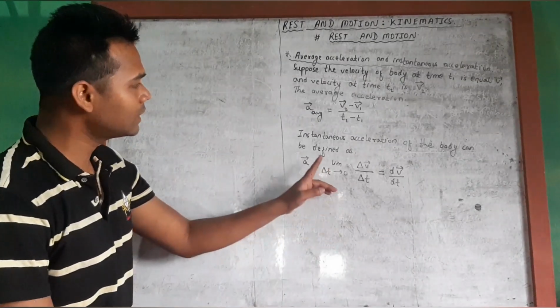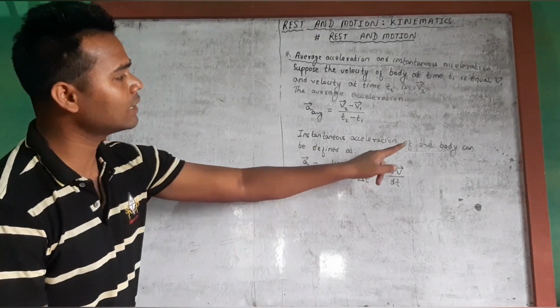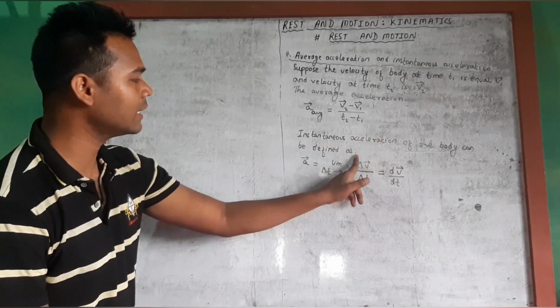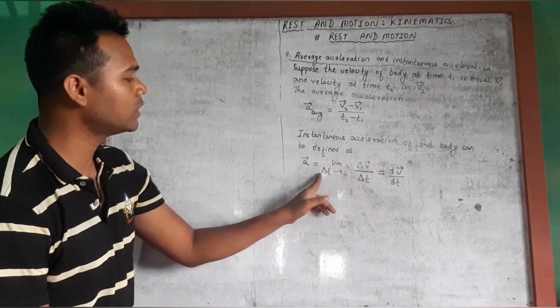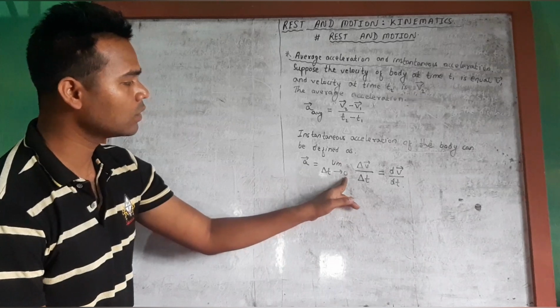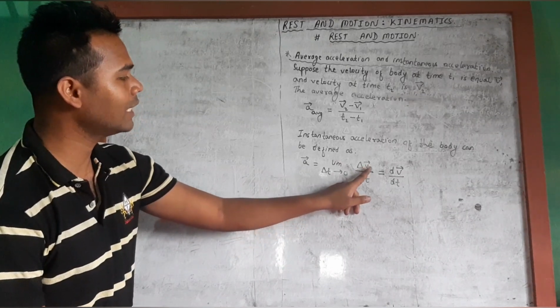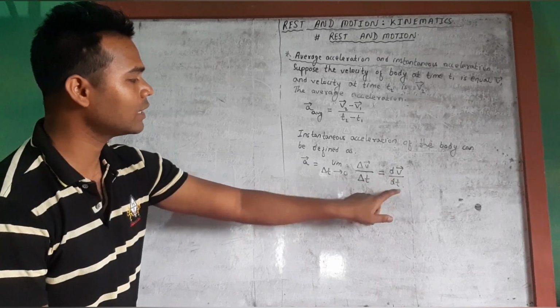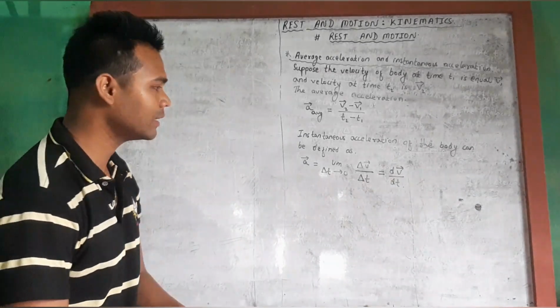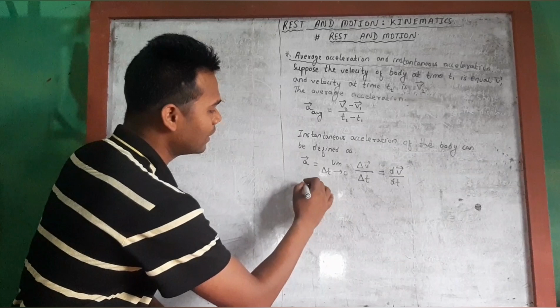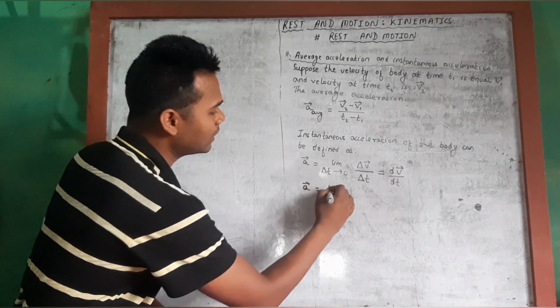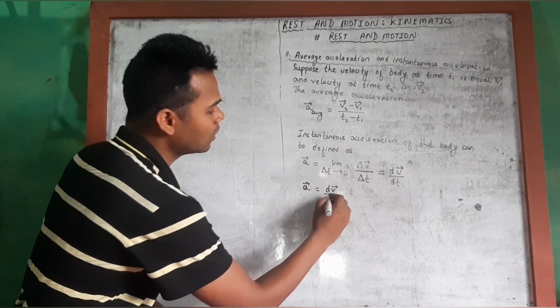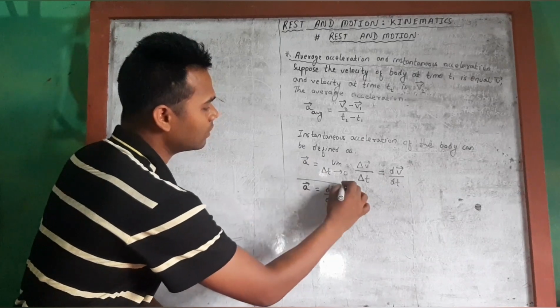We can simply say the instantaneous acceleration of the body is defined as a vector equal to the limit as del t tends to 0 of the ratio of del v vector and del t, which is equal to dv vector divided by dt. That means acceleration is just the derivative of velocity with respect to time.